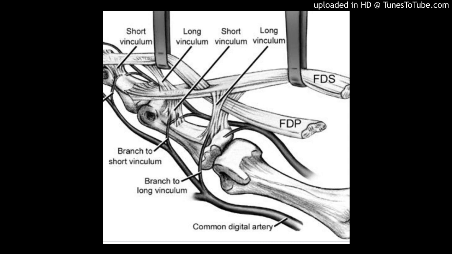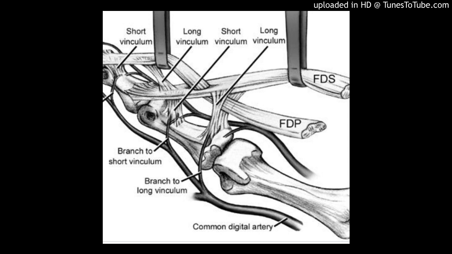Regarding zone 2 injuries, actually it is the danger zone or no man's land. It was previously called no man's land, but now we have improved outcomes. The zone is from the distal palmar crease to the FDS insertion at the midpoint of the middle phalanx. I will repeat it: distal palmar crease to the FDS insertion at the midpoint of the middle phalanx.